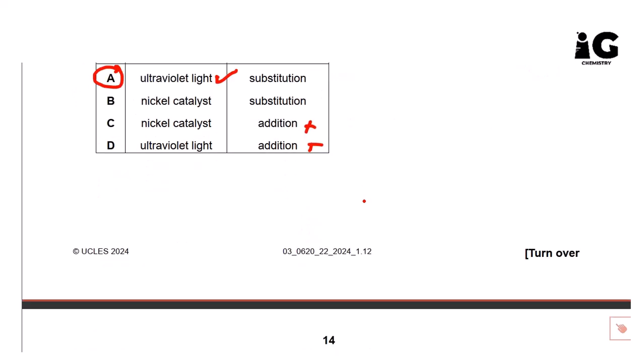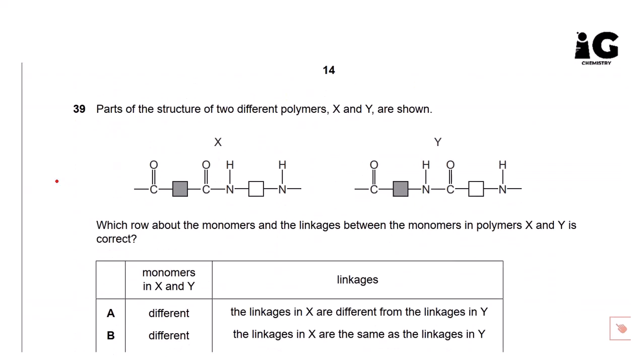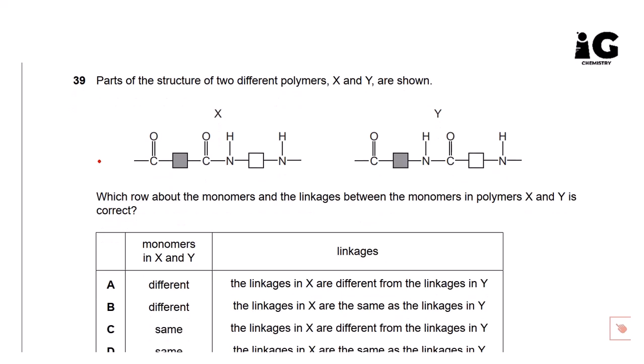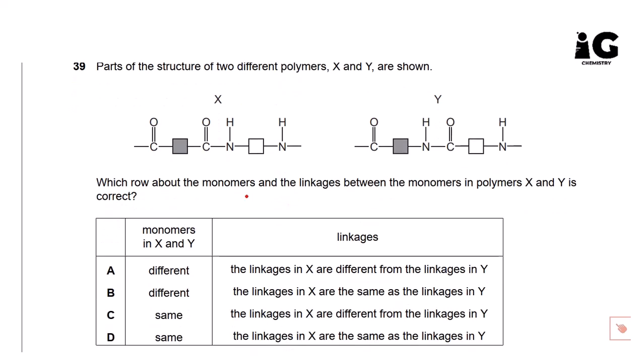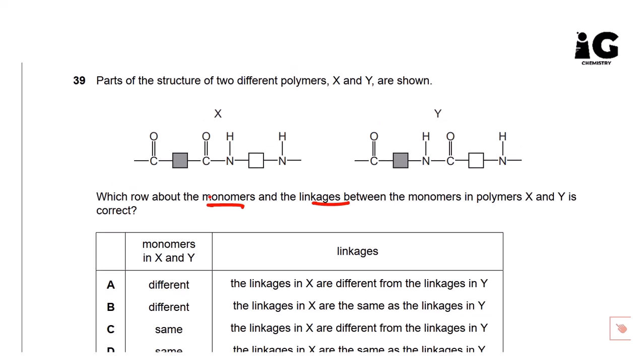And then 39, parts of the structure of 2 different polymers, X and Y, are shown. Which statement about the monomers and the linkage between the monomers of polymers X and Y is correct? So here let's check monomers in X and Y. Are they different or same? So first one, we should determine the repeating unit.